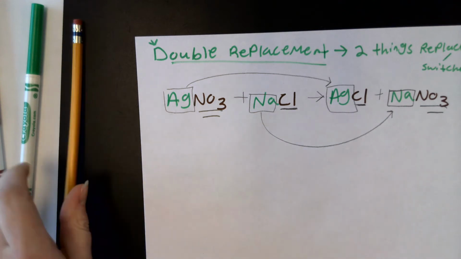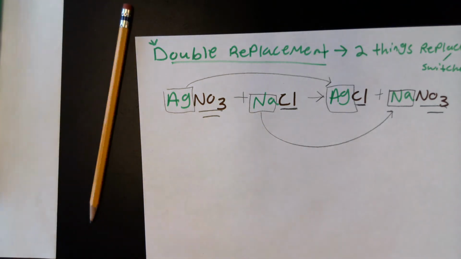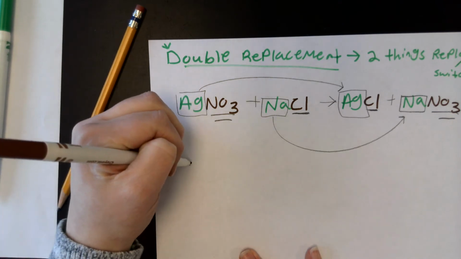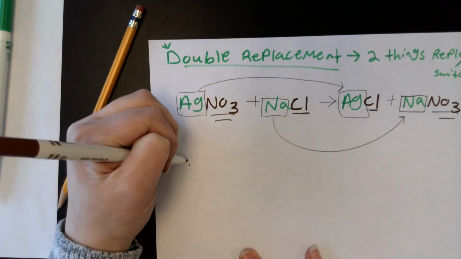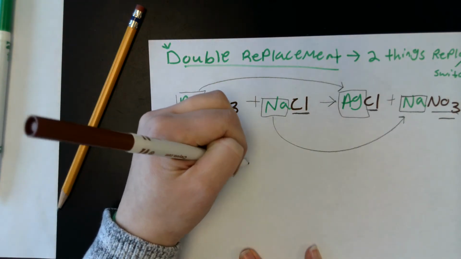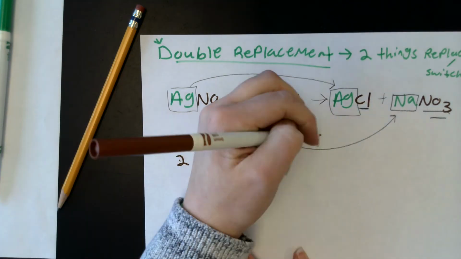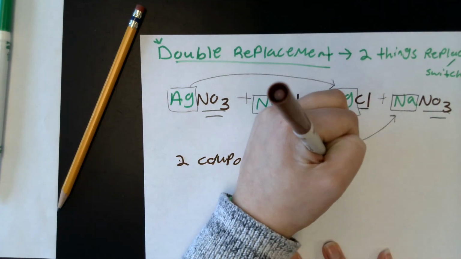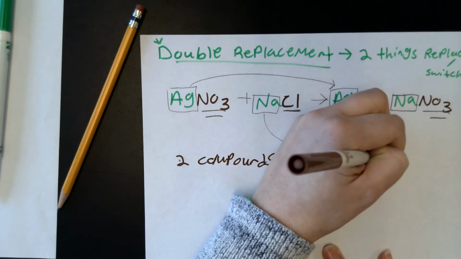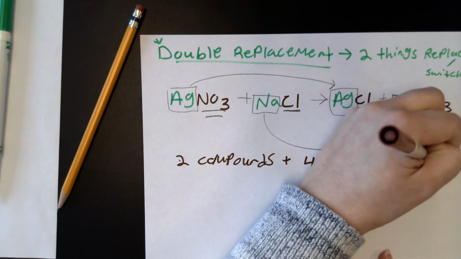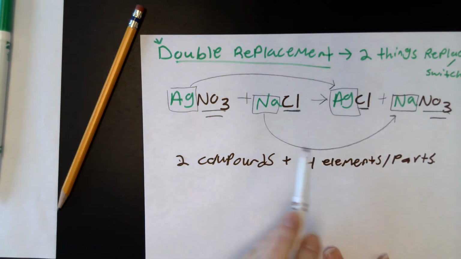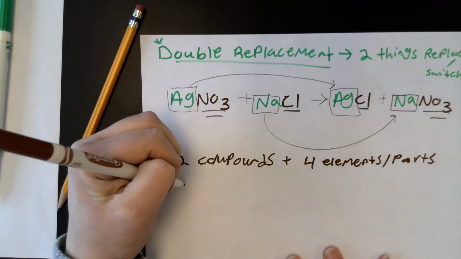Okay. So with this one, we should have 2 compounds and 4 elements, so we should have a total of 2 compounds and 4 elements or parts on both sides.